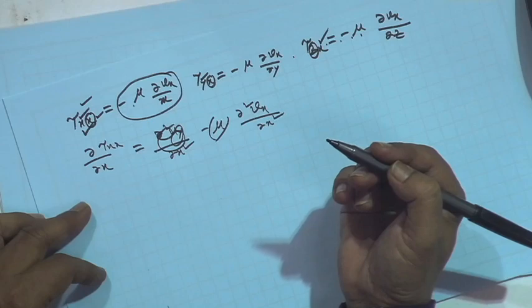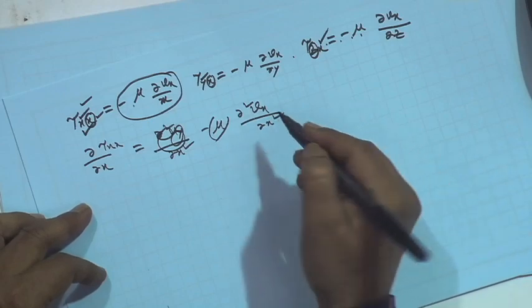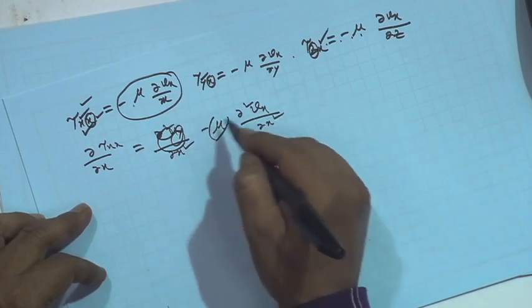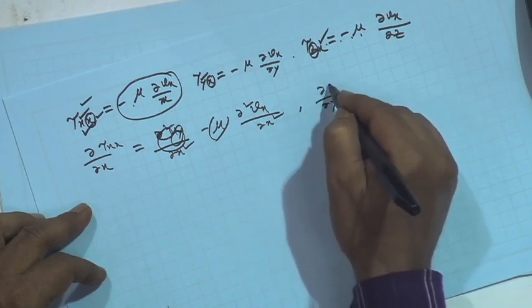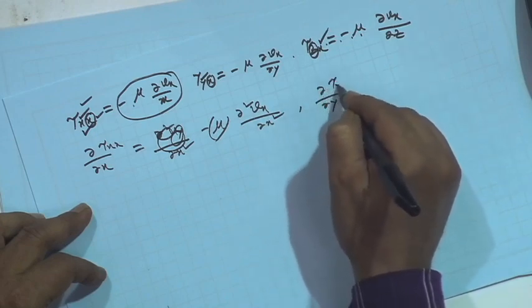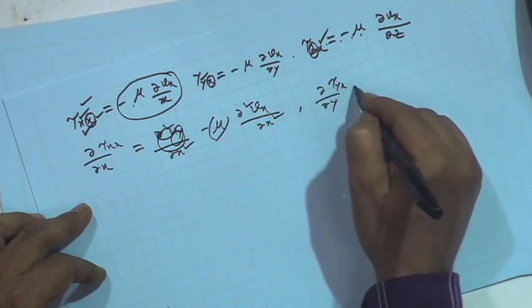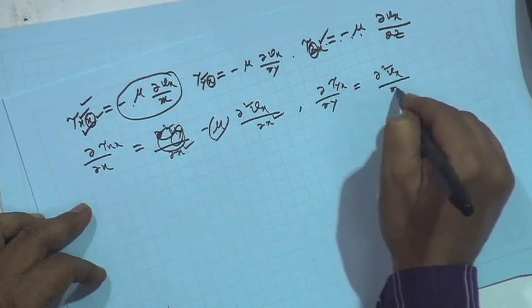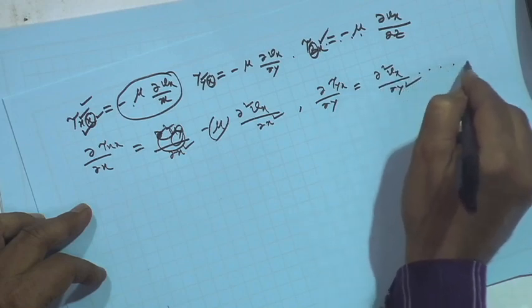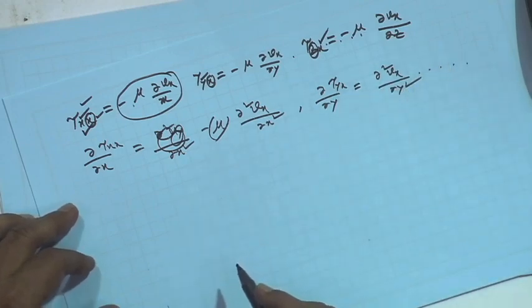Similarly we can write del y of tau yx as minus mu del 2 Vx del y square. Like that all the terms we can write, of course with minus mu.